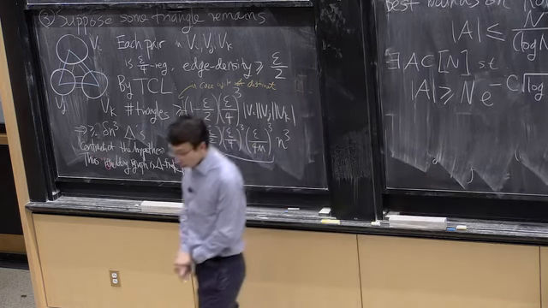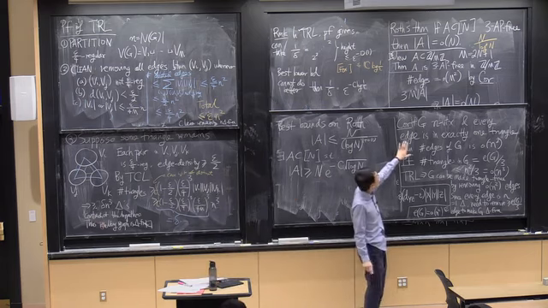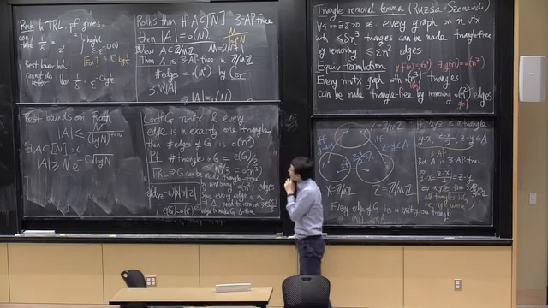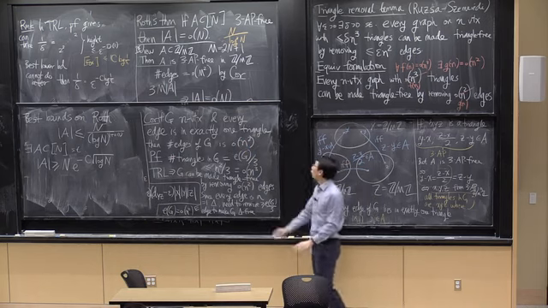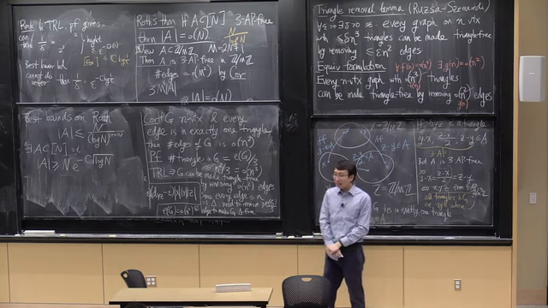Now, let's look at this corollary here. Can you see a way to construct a graph which has lots of edges such that every edge lies in exactly one triangle?